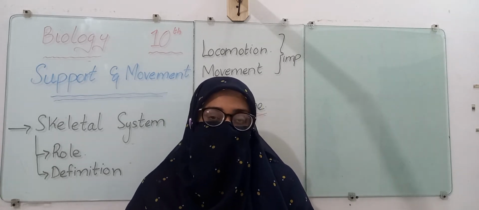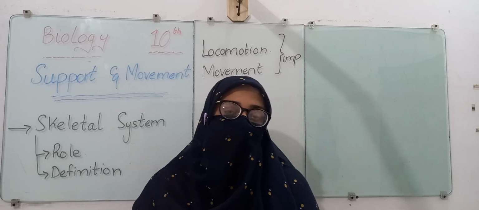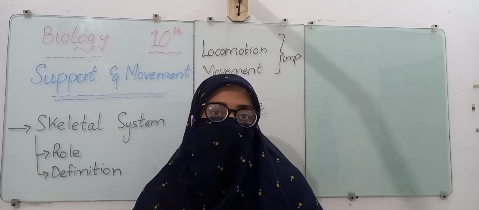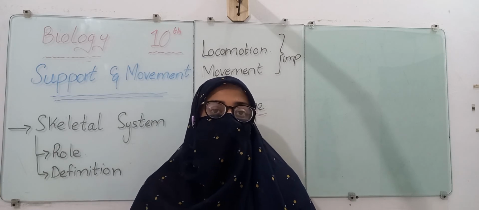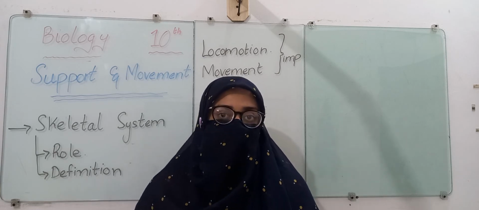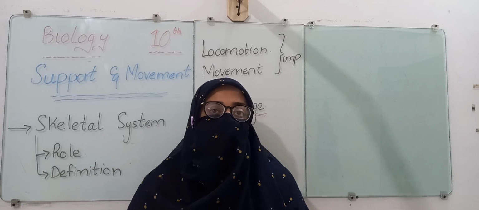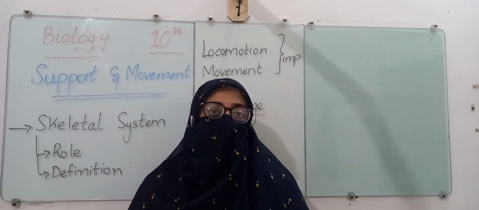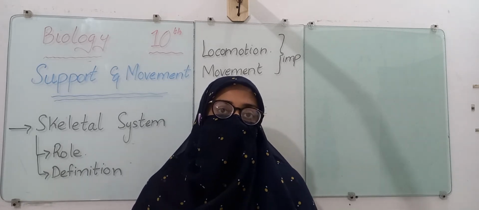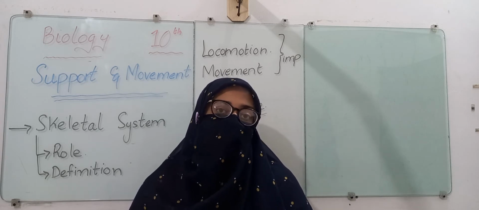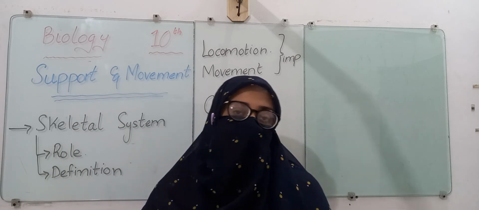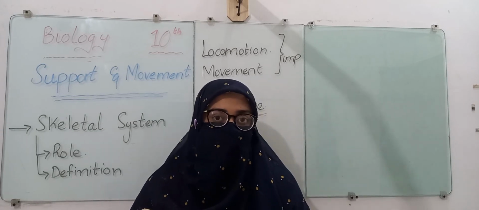The word skeleton means a framework or a network of bones interconnected with muscles and joined with some types of joints. So what basically happens when a human skeleton forms, how a skeleton is formed, what its roles are, what its different functions are, this is what we are going to discuss.